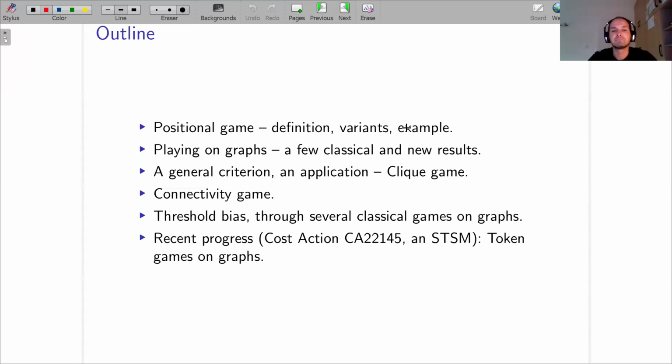And then finally, we'll get to the threshold bias, which again historically started the study of positional games under that name on graphs. This was the famous paper of Chvátal and Erdős, where the name positional game first popped up.